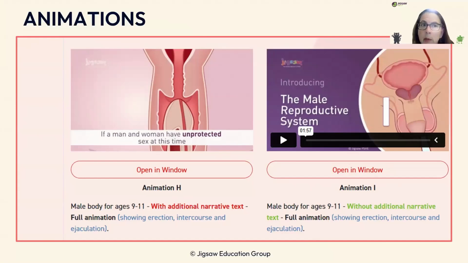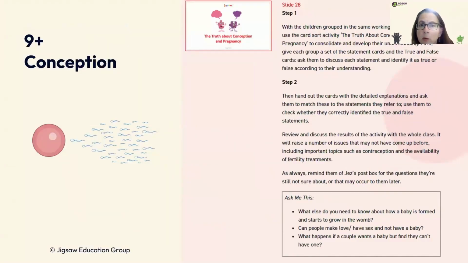So we try and lay that out as clearly as possible for you so you can decide what to use. And then the lesson moves on to the Tell Me, Show Me, where children are in working groups and they've got the truth about conception and pregnancy cards. So they read them, decide what's true or false. And what we're doing through all of these activities is we're giving children the vocabulary to talk about this, so they can practice talking about sex, sexual intercourse as part of their wider learning in Changing Me.